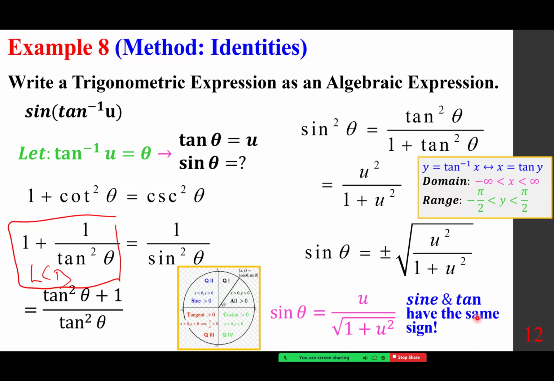In other words, if sine is positive, so is tangent. If sine is negative, so is tangent, and vice versa. So that's extremely important. Understanding the quadrant is truly important, class.